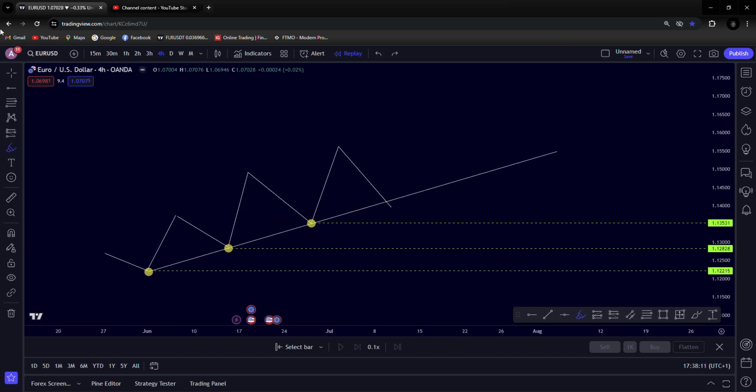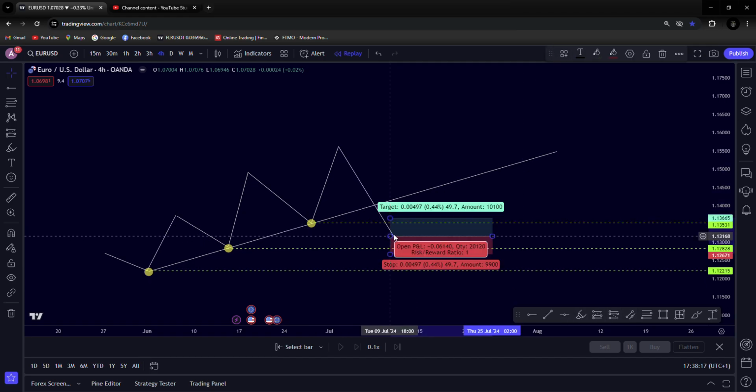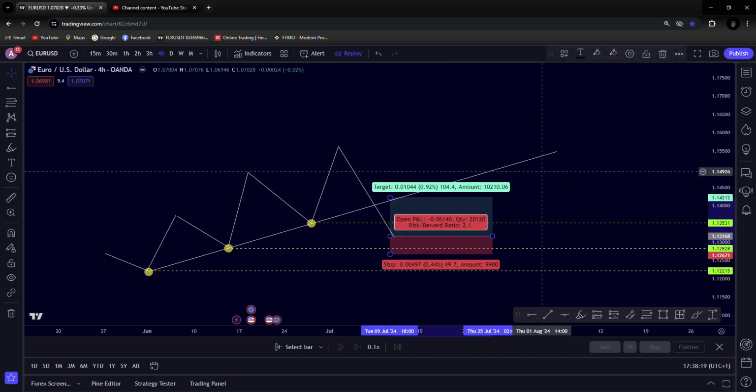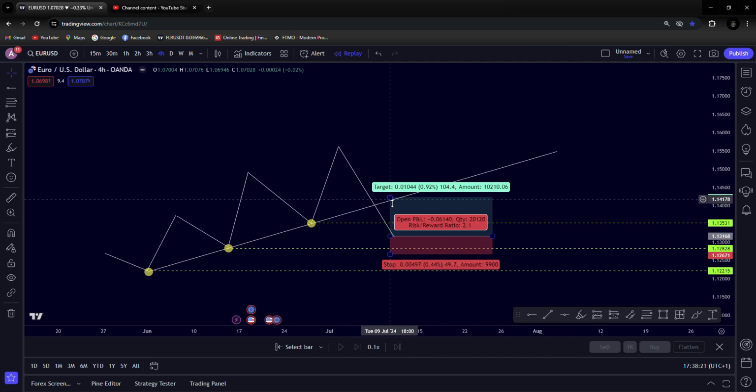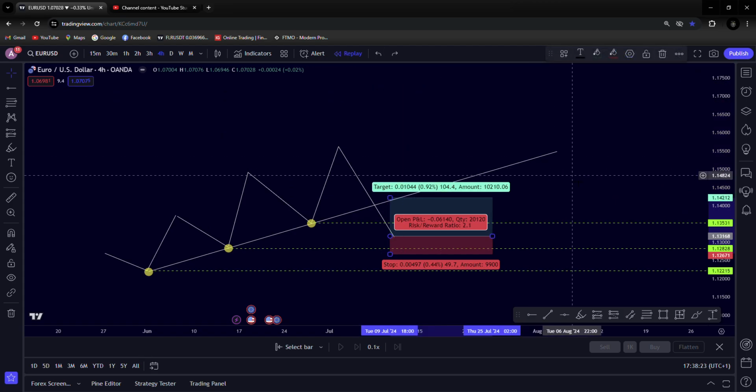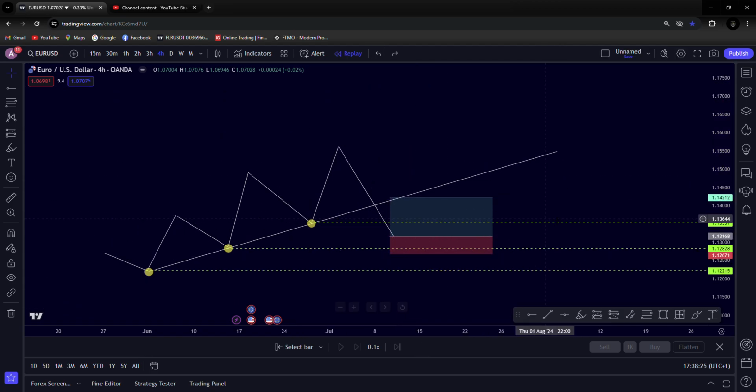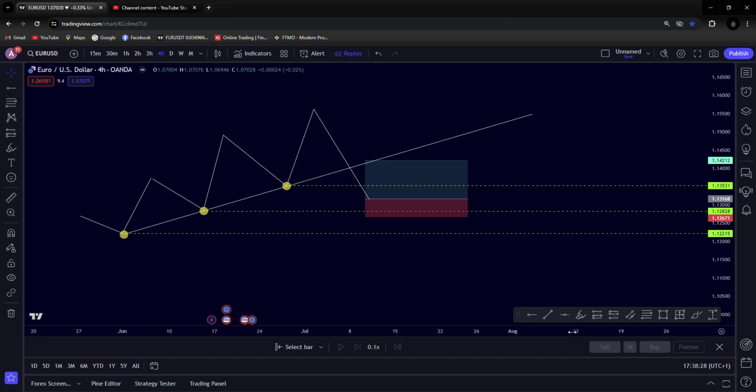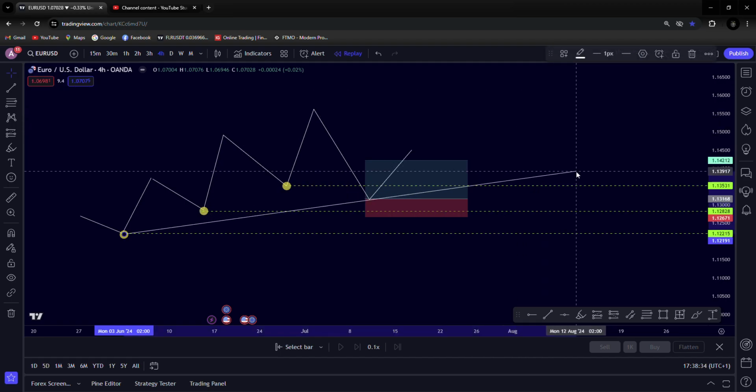You need to wait for the price to liquidate the last low, go long over here, and take your profit on the trend line retest. Doesn't matter if it goes up to liquidate the other ones. You already made 2-3% over here. What is going to happen? If this is happening, you're going to move your trend line, and you have another 0.2.